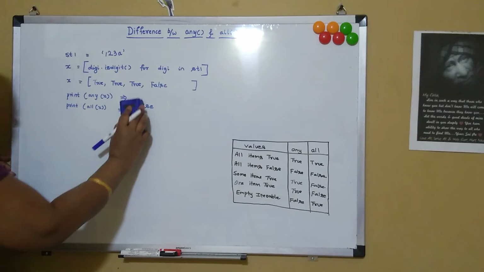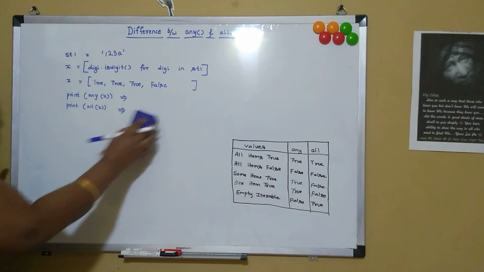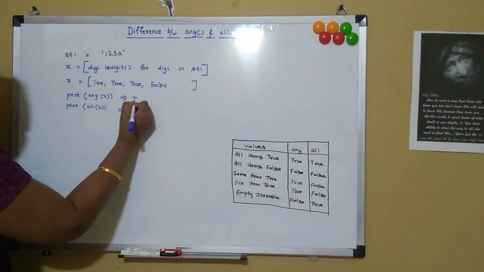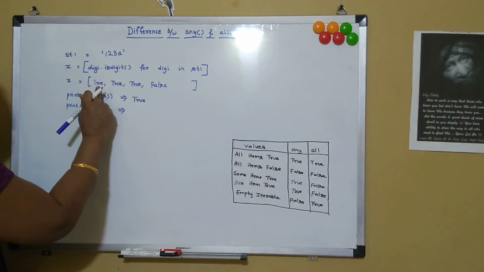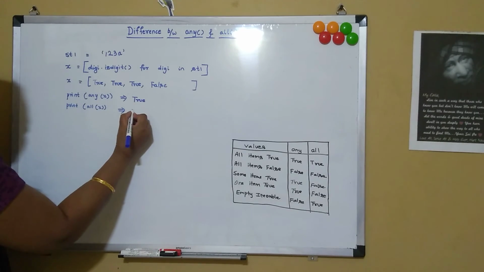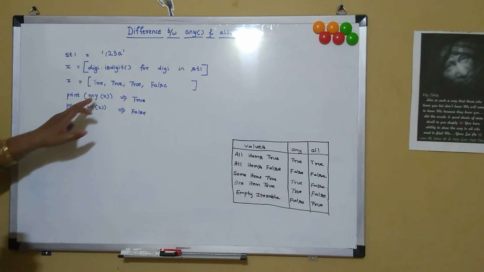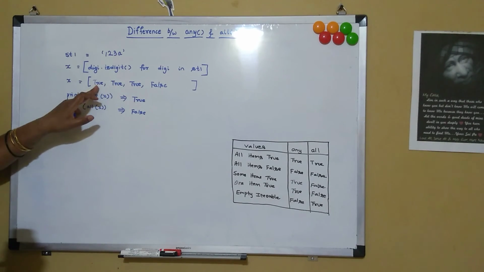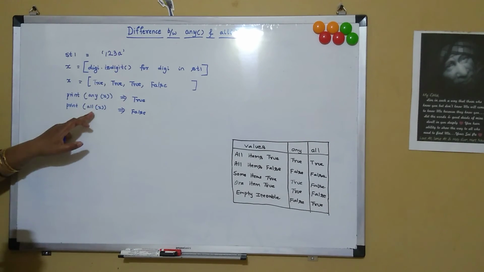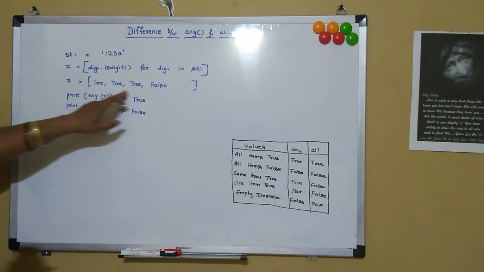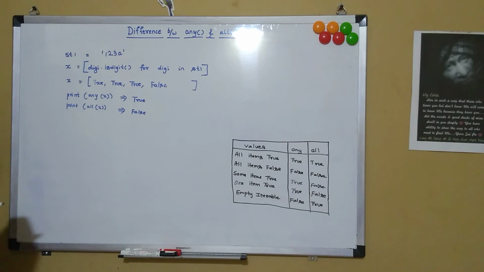So in this case, my any function evaluates to true because one of them at least is true. But all evaluates to false because not all the values are true. So any function returns true because at least one item is true. And all function evaluates to false because all the items are not true.